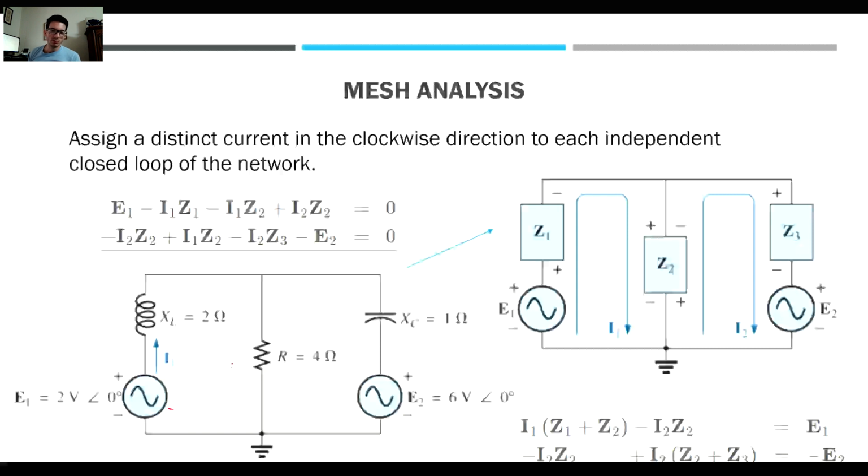So the first thing, if you remember from DC, is that you want to create the first mesh loop. And in this particular case, we decided to go clockwise. As a rule of thumb, you should always go clockwise. The way you choose the polarity is up to you, but you have to be consistent. So it does not matter what sign you put.